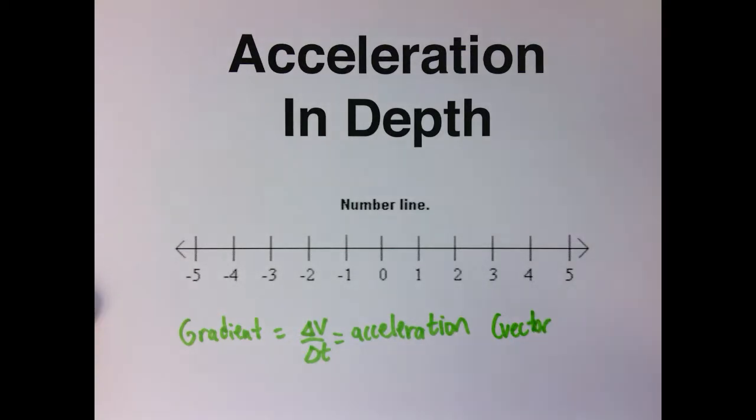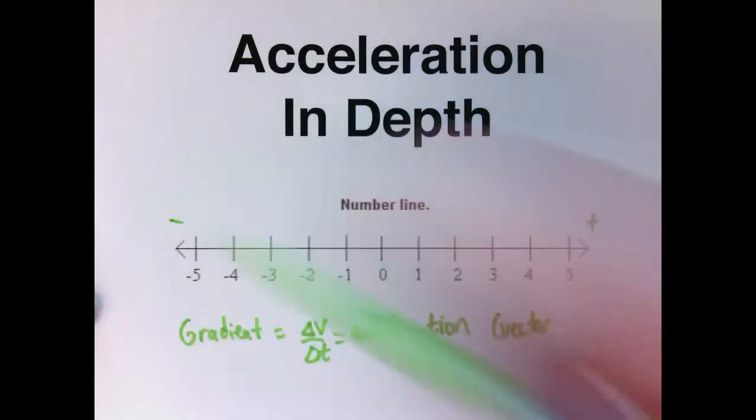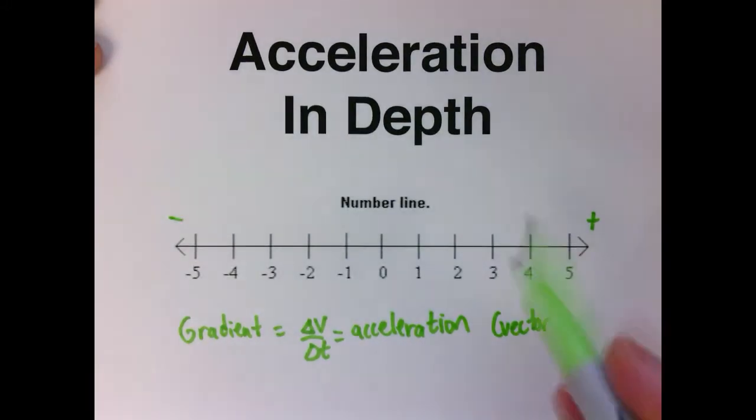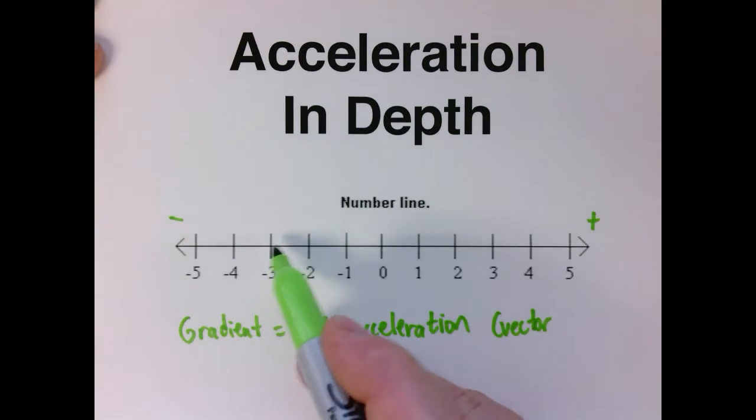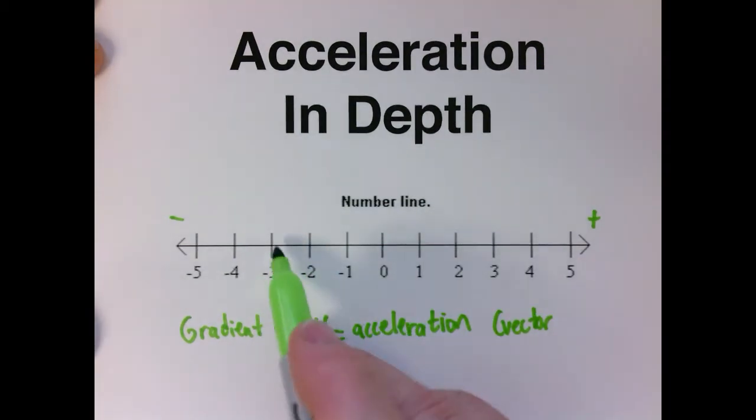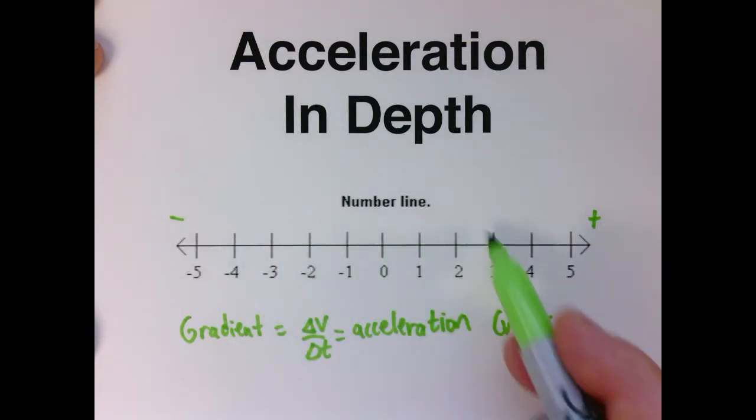We know that if we have a coordinate system and an object is located here, we would say its position is positive. If it is located over here, we would say its position is negative. And if we were to move from here to here, the displacement would be positive. We would have changed in a positive direction.